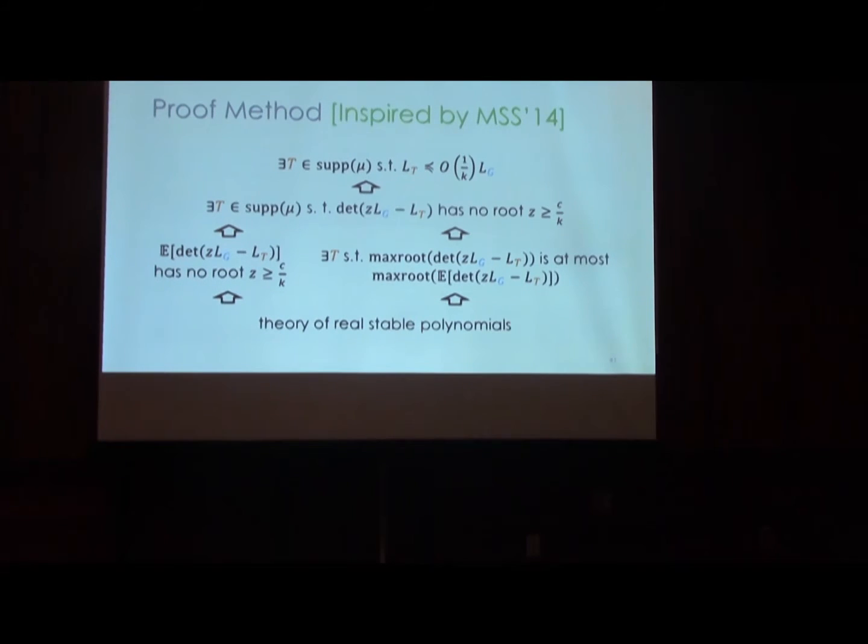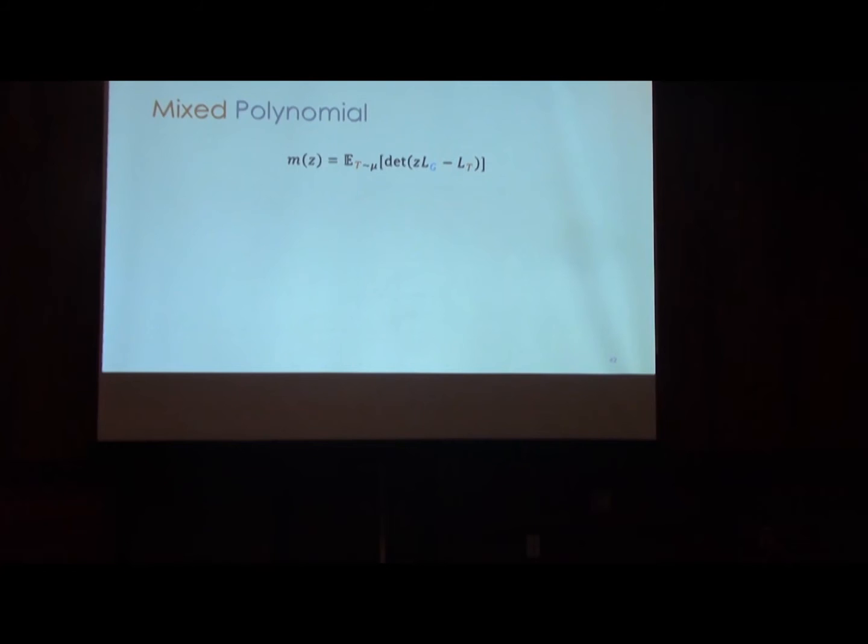Is that clear? I'm going to be dealing with this mixed polynomial, the expectation I showed on the previous slide. I'm taking the expectation of a bunch of polynomials. The expectation is over this variable T. We call this polynomial m. We're going to show that this polynomial is real rooted and that it has no roots bigger than c over k.